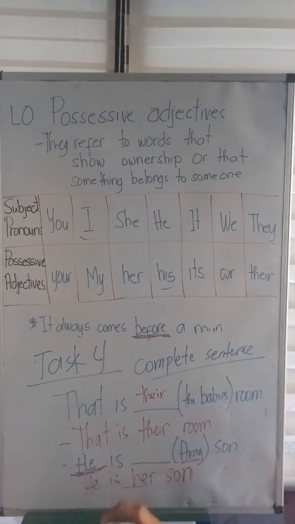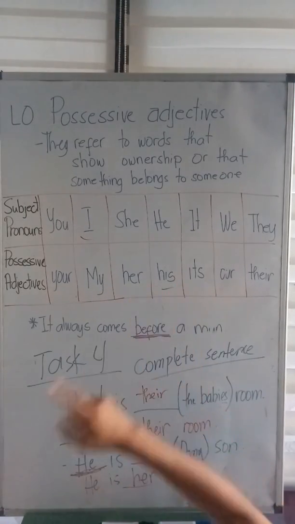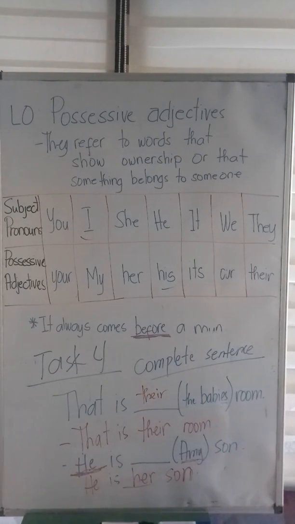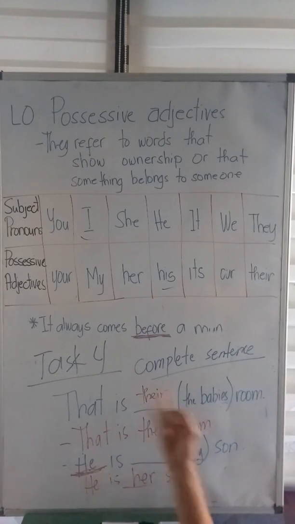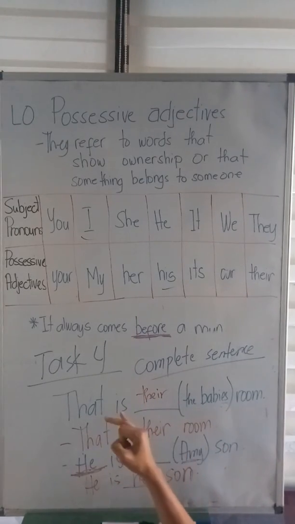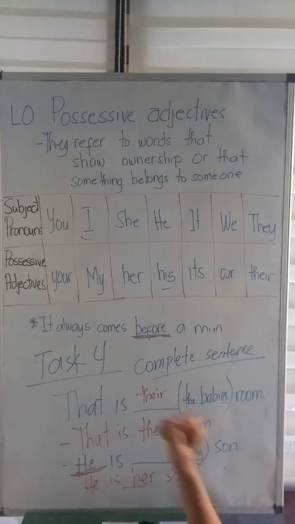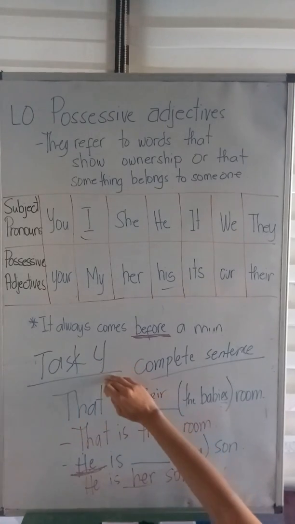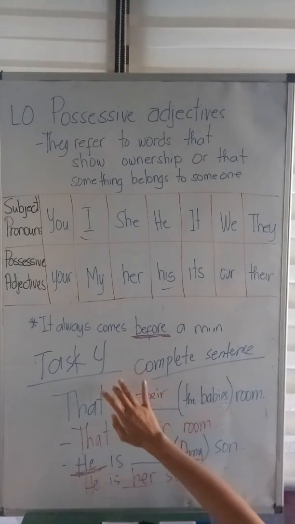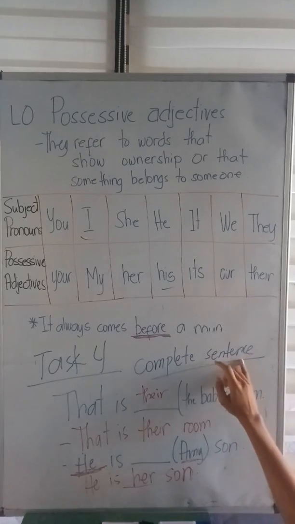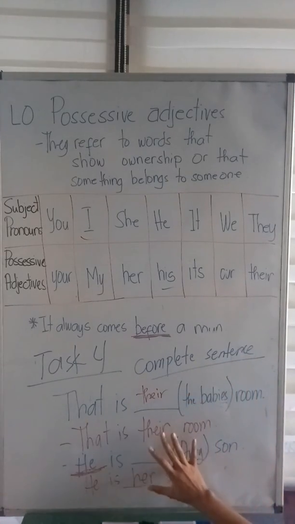You don't have to copy or write. But if you can't print your worksheet for activity 1, you can just write down the answer. For activity 2, task 1 and task 2, you can just write the answer, no problem. But for task 3 and task 4 in activity 2, you have to write the complete sentence with the correct answers.